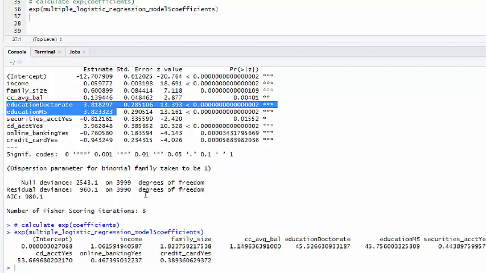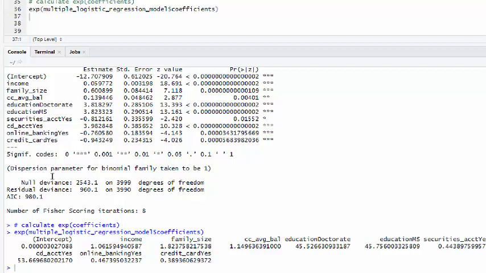Simple as that. So, therefore, the addition to the equation on the right side is 0 for the base level. If you have doctorate, then it's 3.8182. If you have MS, it's 3.8233. So, based on this output, which level of education has the lowest odds of agreeing to a loan?